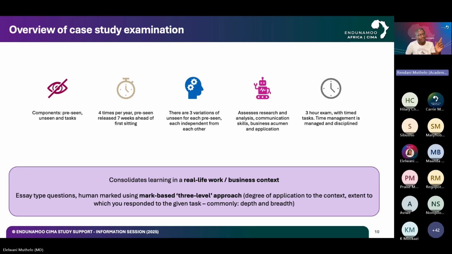excuse me. So the 3-level approach works this way. It's got 0 to 2 or 1, I'll need to double check myself. 0 to 1, or let's say 2. And then 0 to 1, and that will be level 1 marks. Then level 2 will say 2 to 3, and level 3 will say 4 to 5. Then they will describe where a candidate will fall.